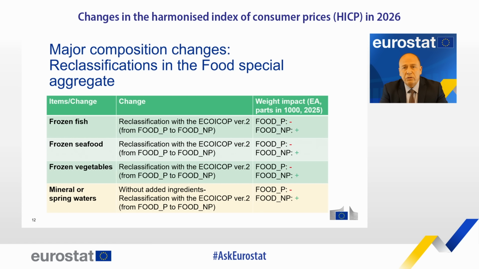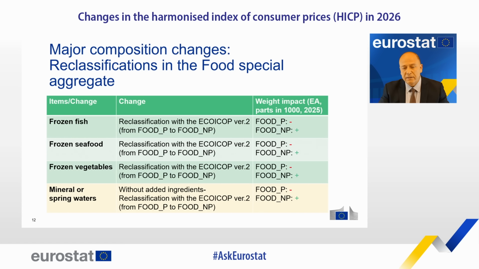However, major composition changes we can also find in the special aggregate of food. 4 items changed classification and therefore were reclassified under the special aggregate non-processed food. This is the case with frozen fish, which is currently joined in the new classification with fresh and chilled fish, frozen seafood and frozen vegetables.